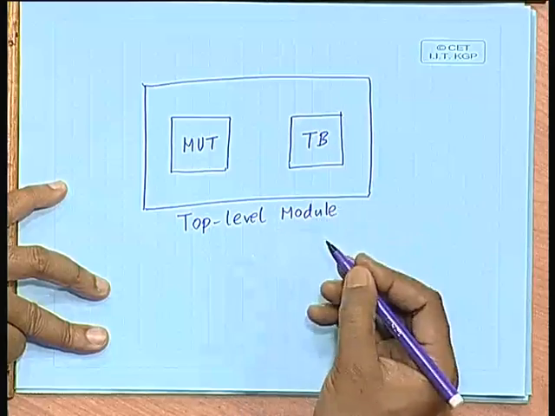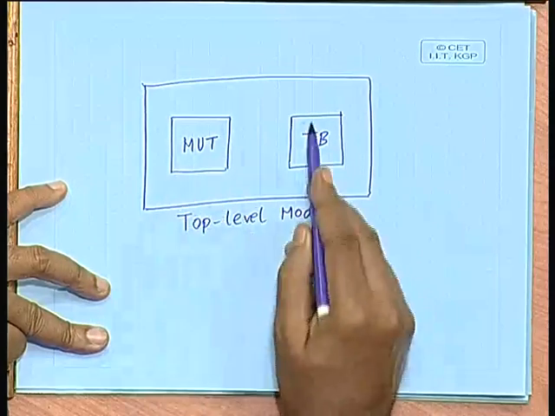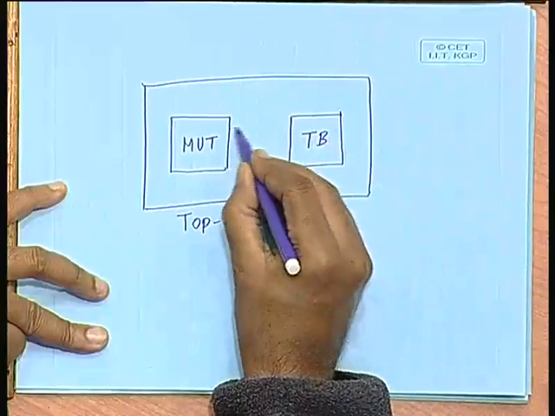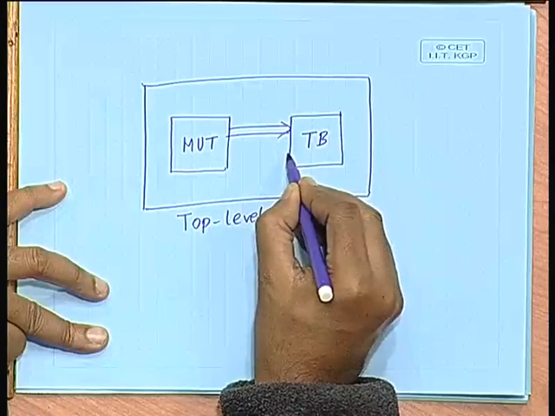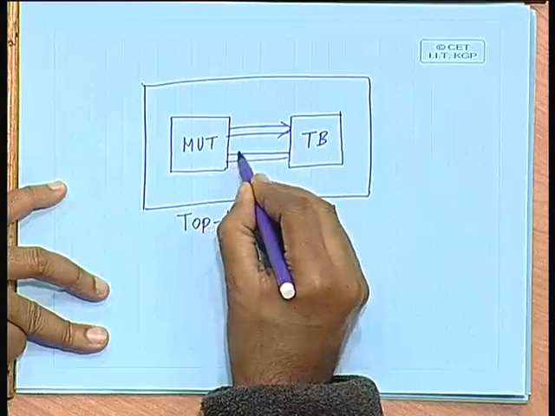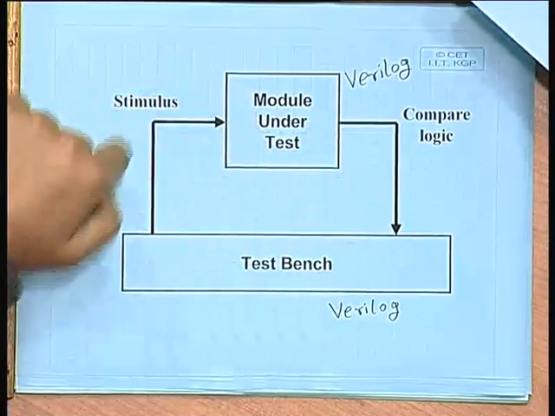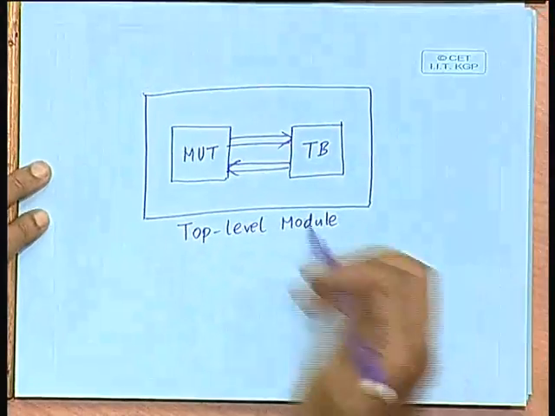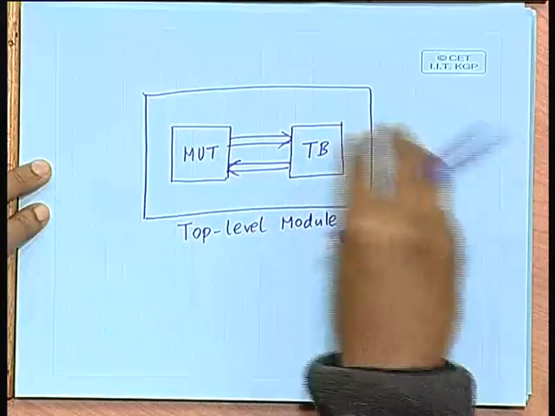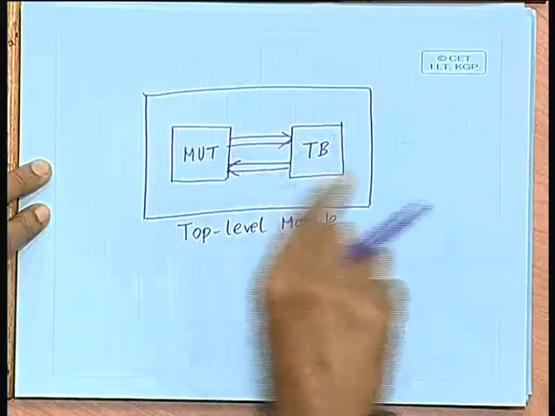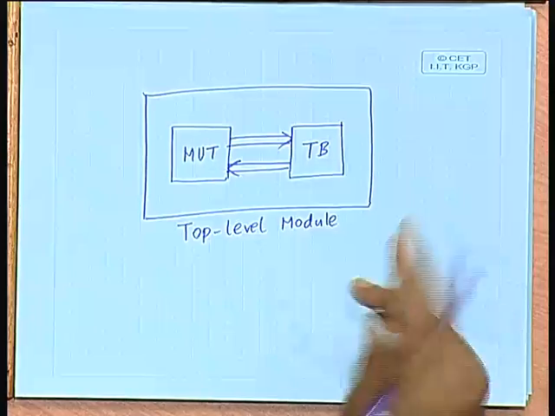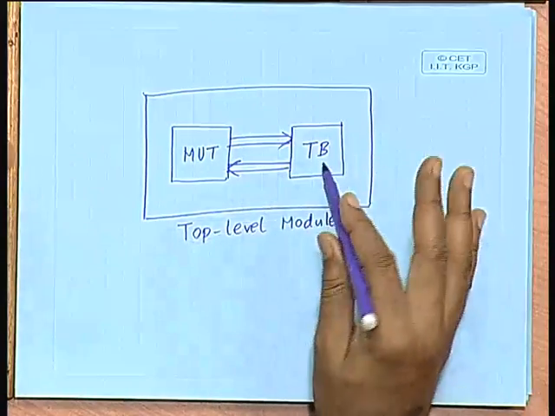Now in the top level module, you use this MUT and TB as if they are already pre-designed blocks. You simply instantiate them and you interconnect them as required, as shown in the previous diagram. You simply instantiate these two blocks, specify the interconnection, that is all. Now let the modules execute and they will do whatever is to be done. I will give an example of how it is done.